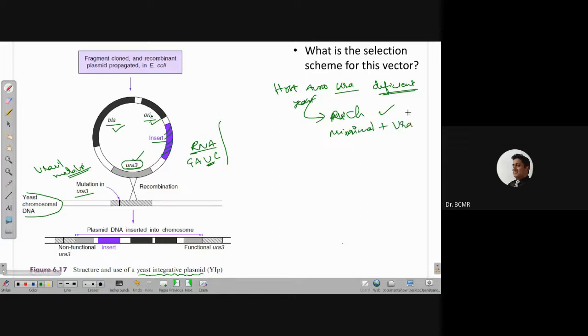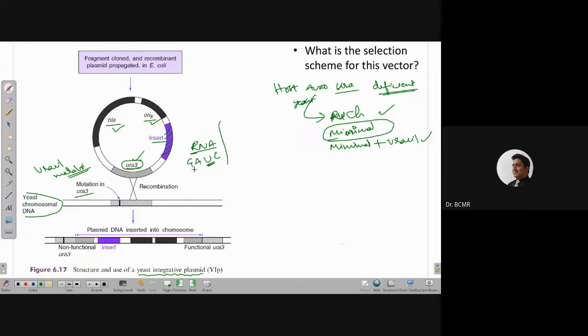It cannot grow on minimal media, but it can grow on minimal media supplemented with uracil. So this is what we are going to use, minimal media, for the selection scheme.